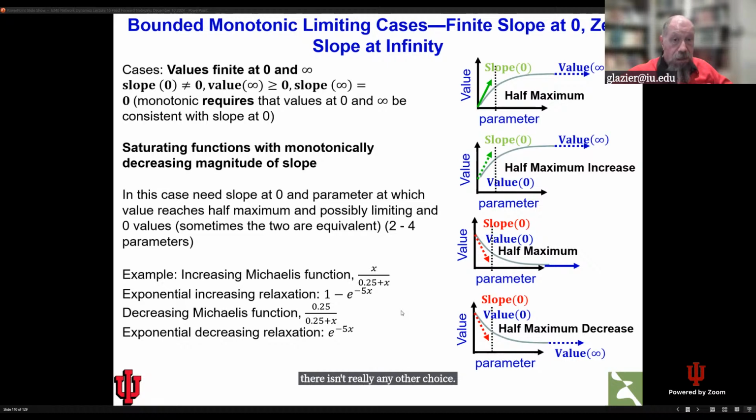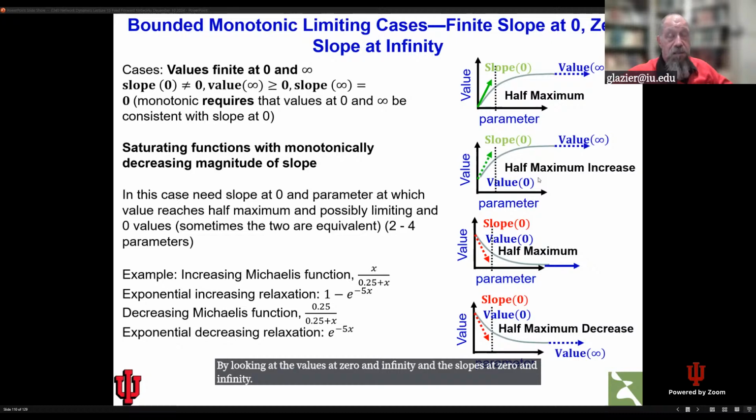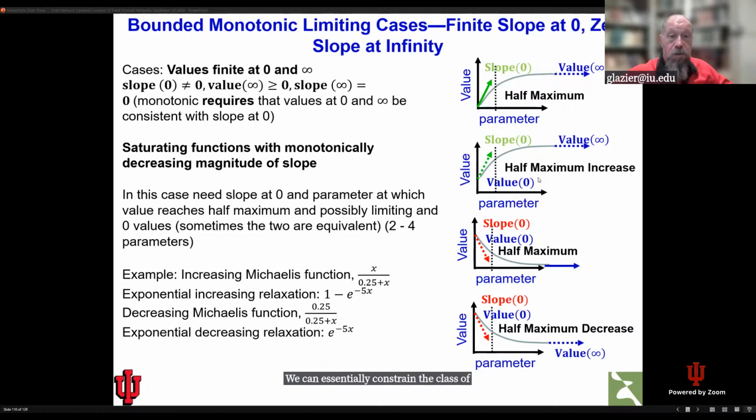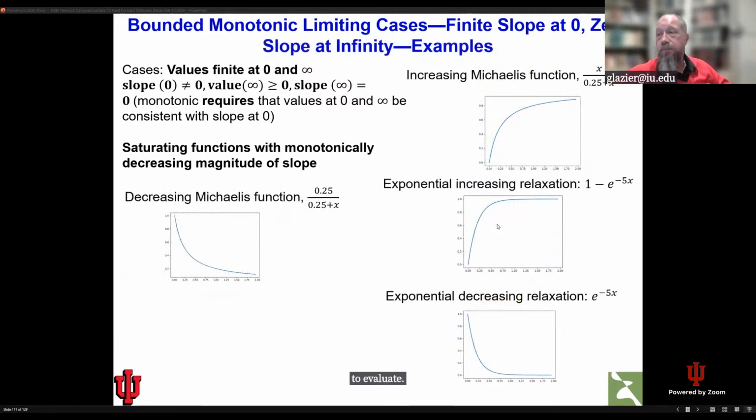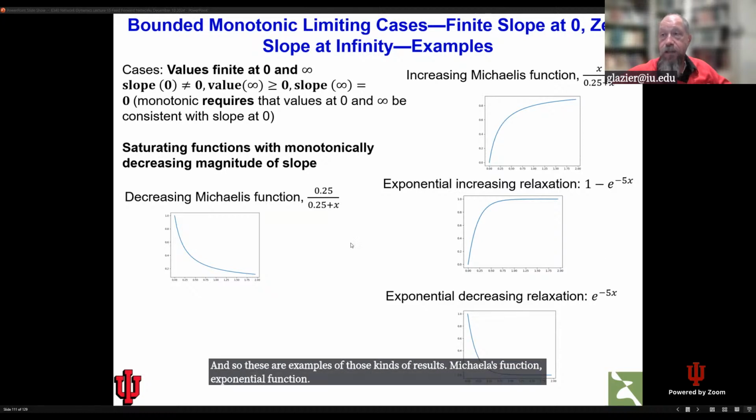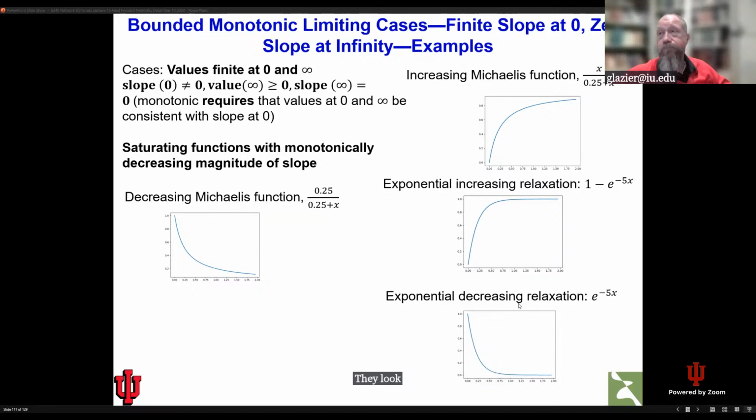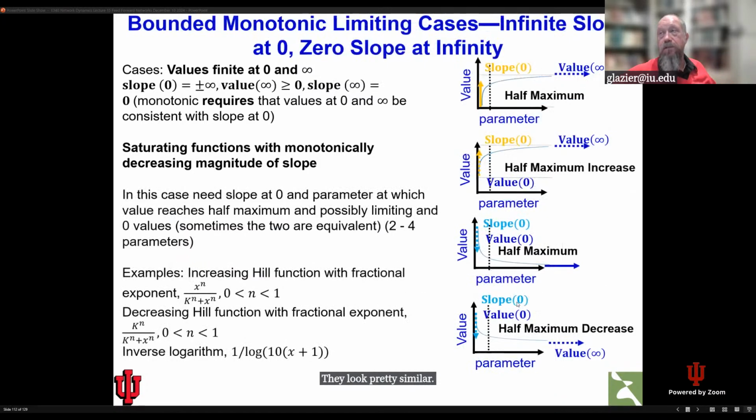And so, again, by looking at the values at zero and infinity and the slopes at zero and infinity, we can essentially constrain the class of functions that we need to use. So these are examples of those kinds of results. Michaelis function, exponential function, they look pretty similar. They're not going to make a terrible difference.